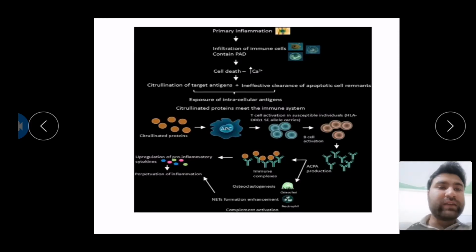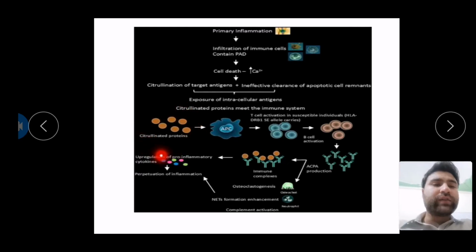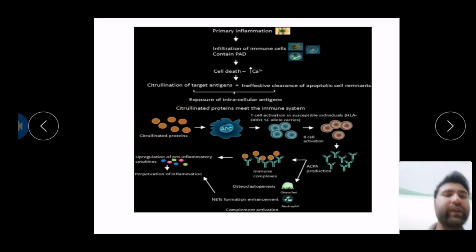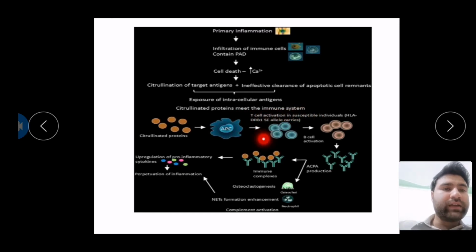Here you can see the pathophysiology. We will start from here, that there is citrullination of the cellular proteins. These citrullinated proteins are presented by the antigen presenting cells to the T cells, and these T helper cells are activated, and these T helper cells activate the whole immune system, that is B cell activation and cytotoxic T cell activation can occur.